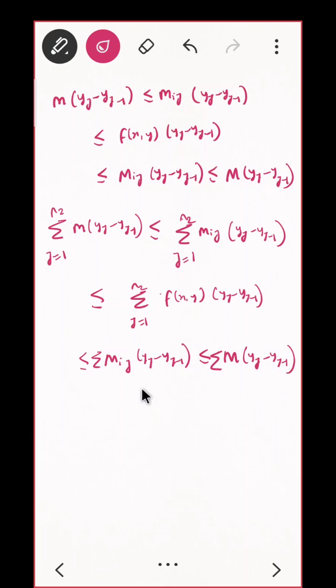Is it okay? J equal to 1 to n2, here also j equal to 1 to n2. Okay. Yes, any doubt till now? Okay.